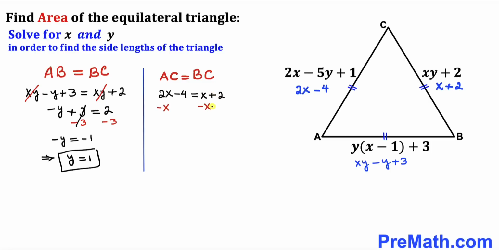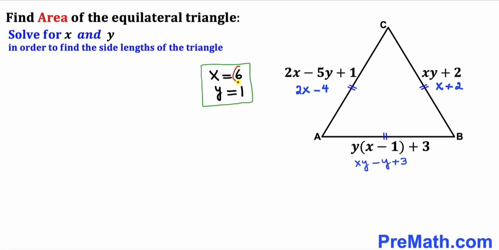Now let's subtract x from both sides. This is gone. So we end up with x minus 4 equals 2. Let's add 4 on both sides. This is gone. So our x value turns out to be positive 6. Thus x equals 6 and y equals 1.